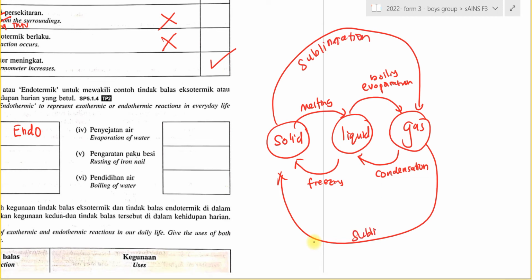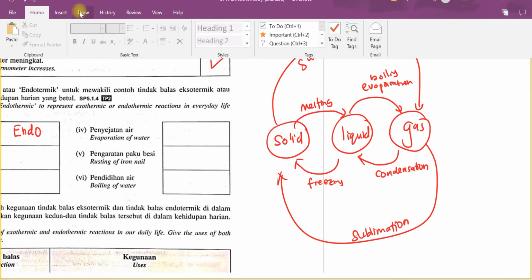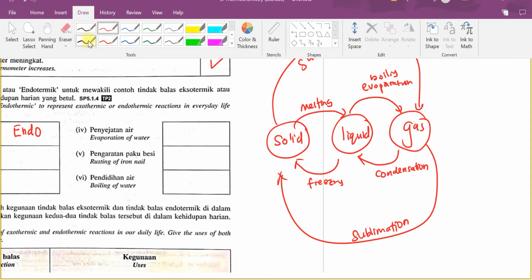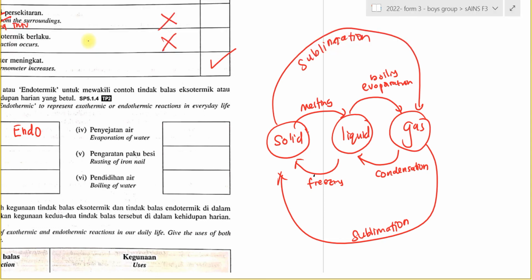Okay. So what's the point here? Okay, see here properly. Solid becoming liquid, heat absorbed for melting. Liquid becoming gas through boiling or evaporation, also heat is absorbed. Okay, then only the liquid can become gas.